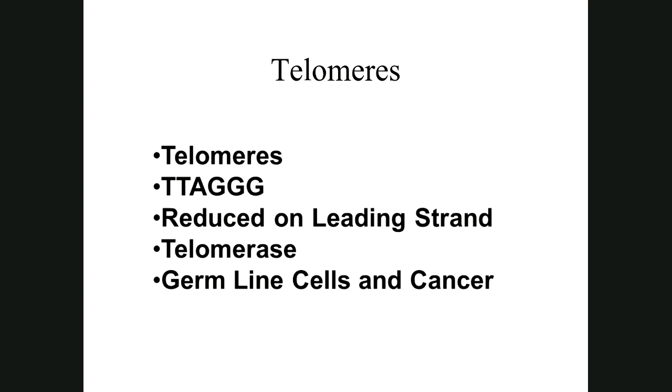The problem is that it doesn't copy the part that it's laying down on, that it attaches to the chromosome. So every time the chromosome is copied, the chromosome gets shorter. It's reduced on the leading strand. So the chromosome gets shorter every time the cell divides. And that's considered to be part of aging in humans and other life forms.